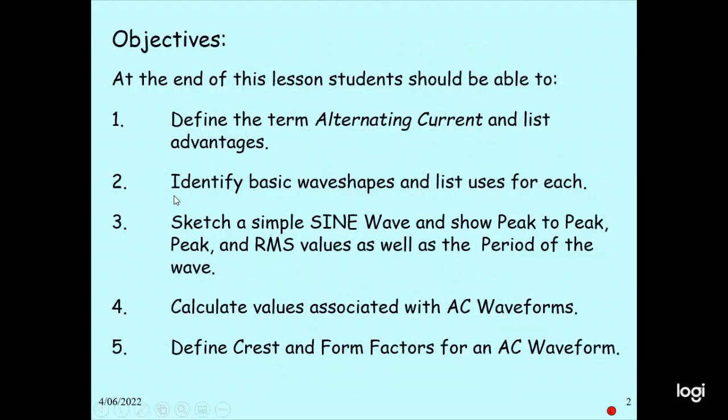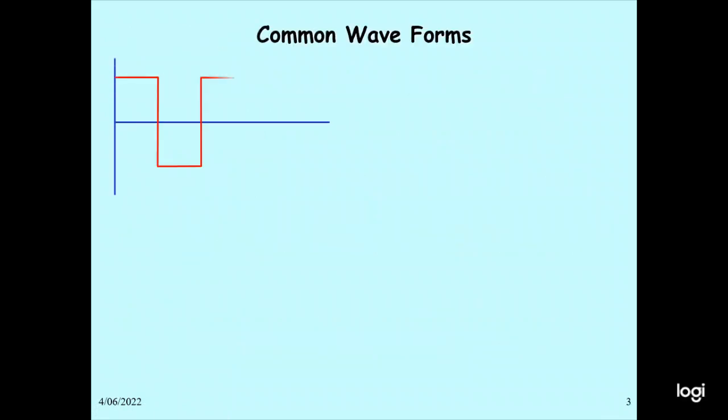At the end of this lesson, students should be able to define the terms of alternating current and its disadvantages, identify the basic waveshapes and the uses for each, sketch the sine wave and show the peak-to-peak and the RMS value as well as the period of the wave, calculate the values associated with the AC waveform, and also define the crest and the form factor for AC waveform.